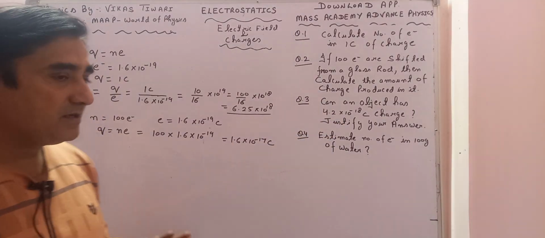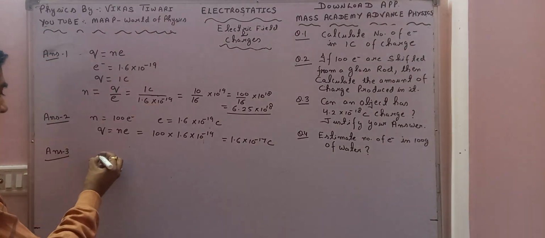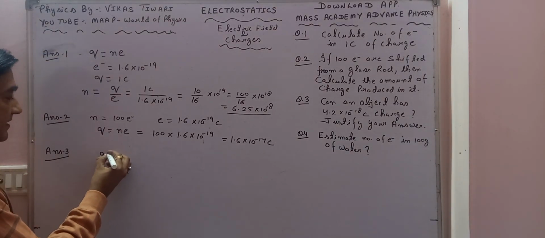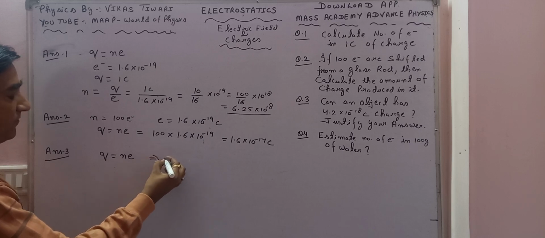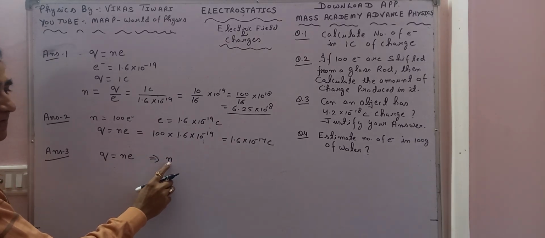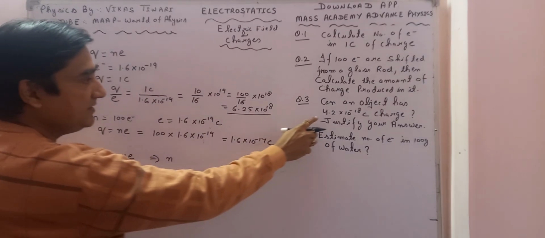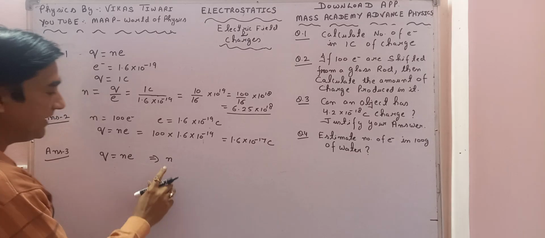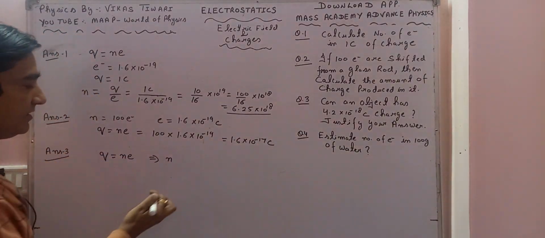As we know, charge follows quantization, so Q is equal to N into E. We have to find the number of electrons. This value of n should be an integer value. If it is an integer value, then this amount of charge is valid, and if it is not an integer value, then this amount of charge is not possible.